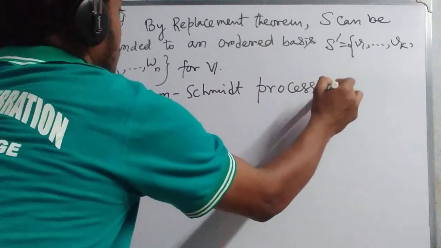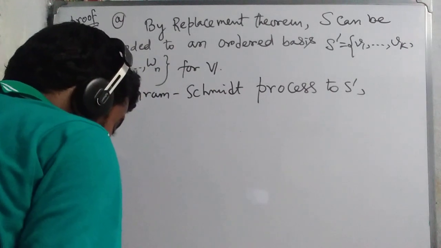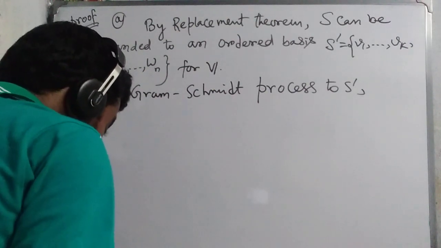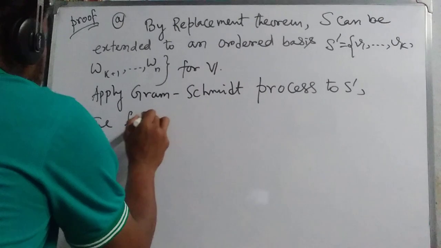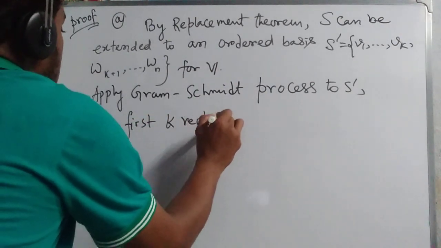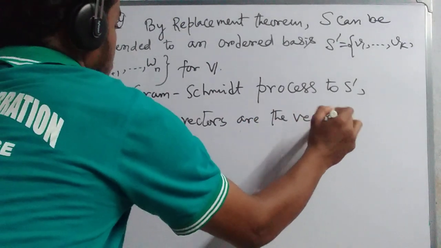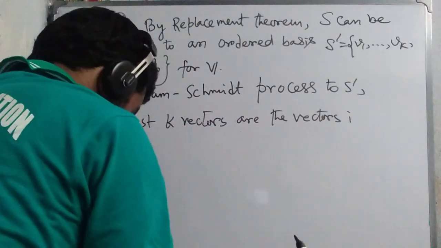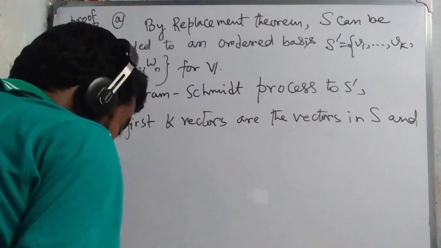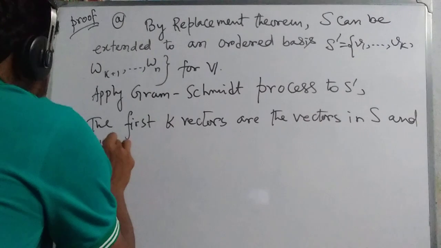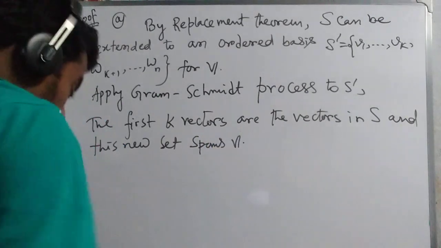Then the first k vectors resulting from this process are the vectors in S, and this new set spans V. Understood?